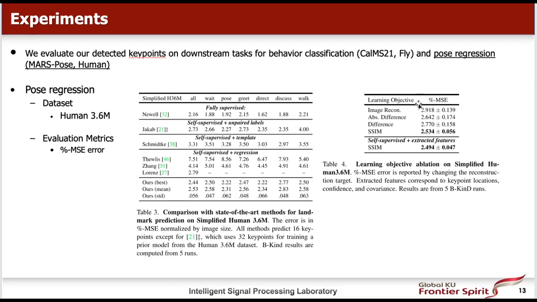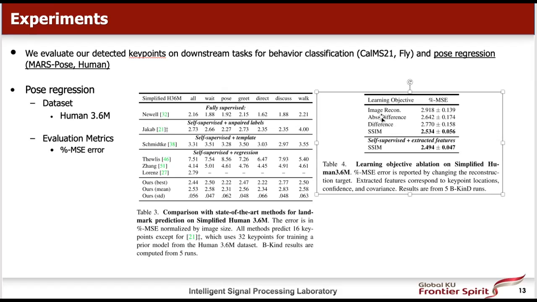And the right figure shows some ablation studies of the proposed method. As introduced before, the image reconstruction means we change the reconstruction object to the image instead of the difference between the reference frame and the future frame.